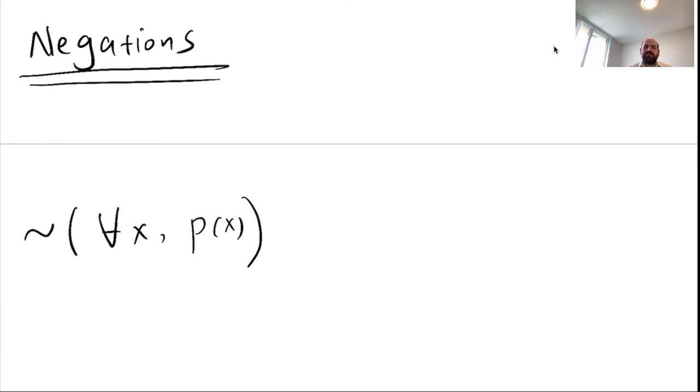If there exists at least one student whose GPA is less than or equal to 3.6, then I can say it's not the case that for each student, their GPA is more than 3.6. So this is logically equivalent to there exists X with negation P of X.